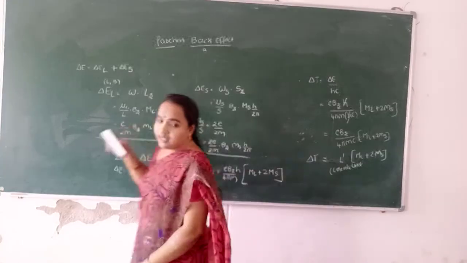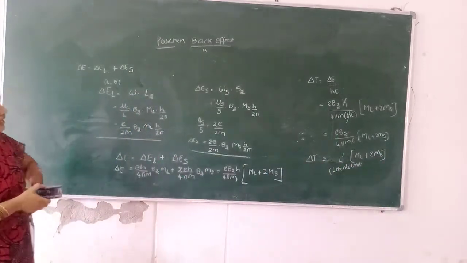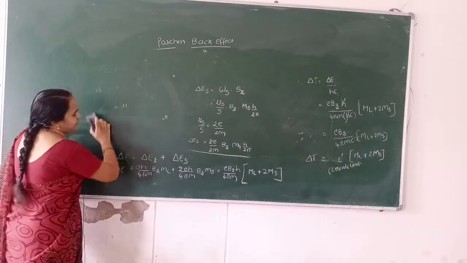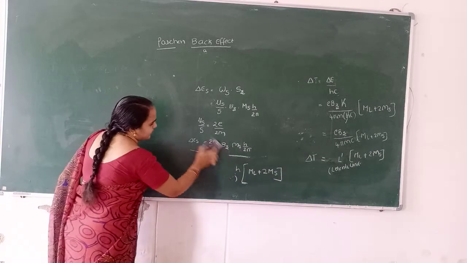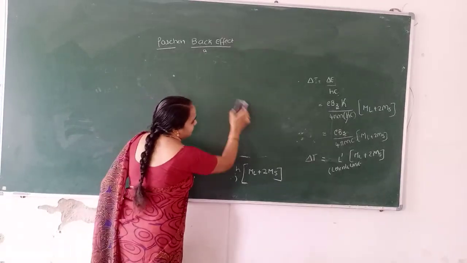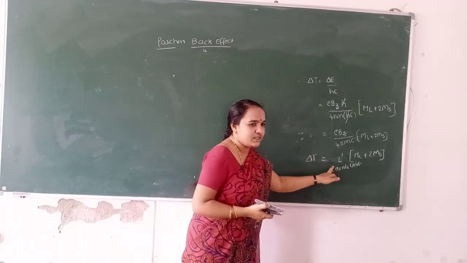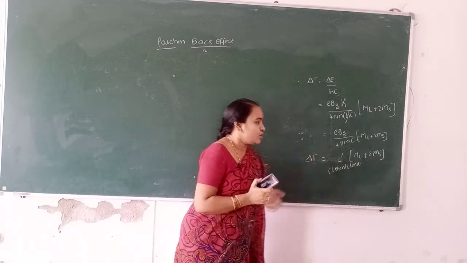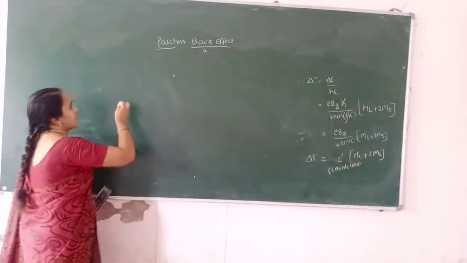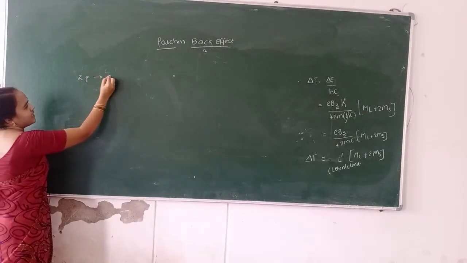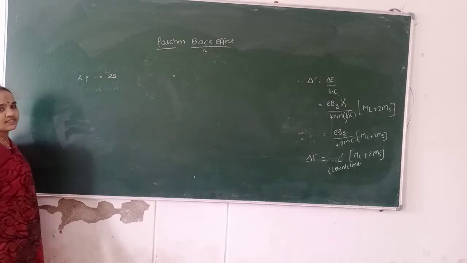Next, consider an example to draw this Paschen-Back effect pattern. What is delta T? Delta T is L dash into ml plus 2 ms. Consider the 2p to 2s transition.